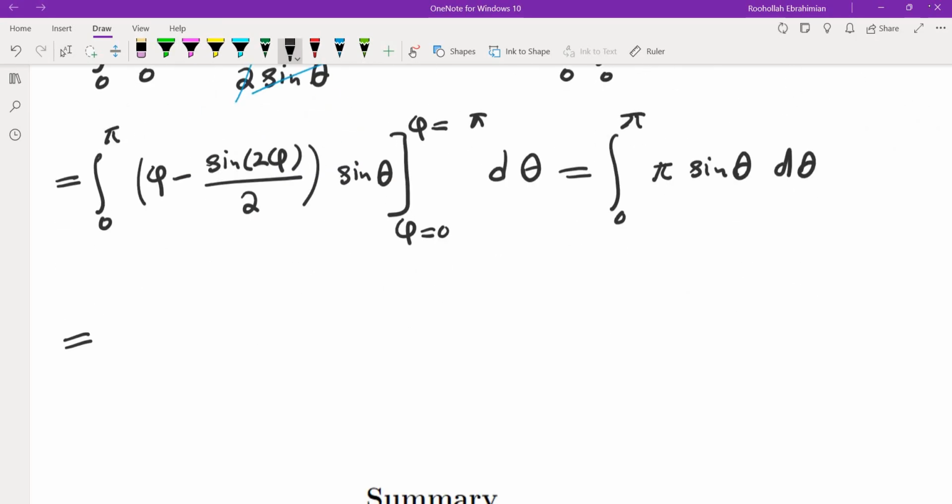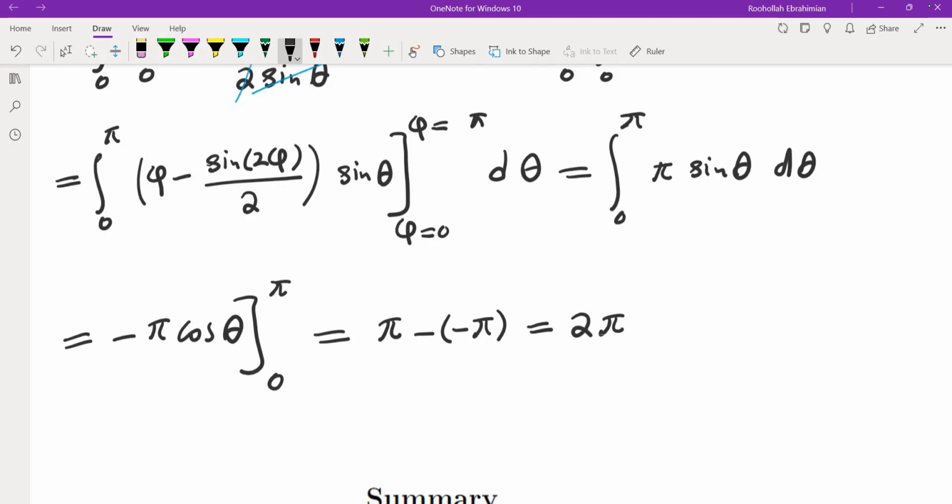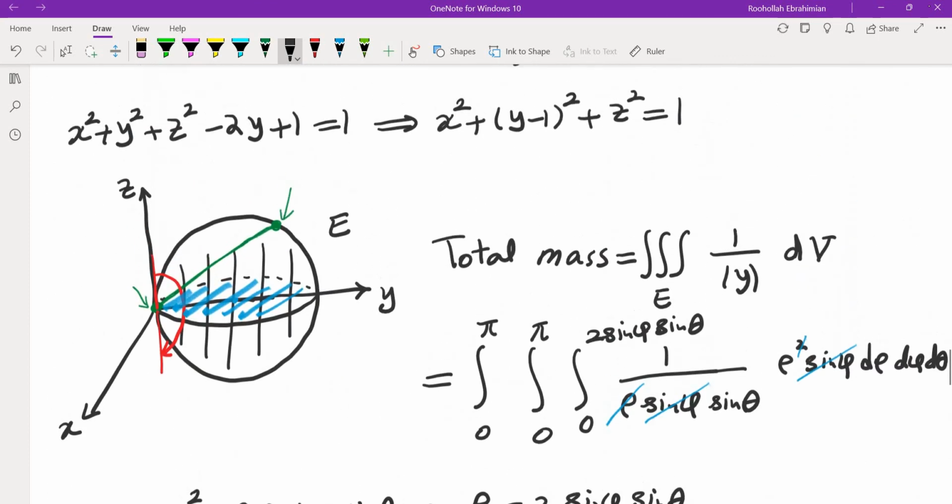What is the integral of sine of theta? That is negative cosine of theta. So that's minus pi cosine of theta from 0 to pi. When we plug in pi, we get pi. When we plug in 0, we get negative pi. So that gives us 2 pi. So this is the answer to the problem.